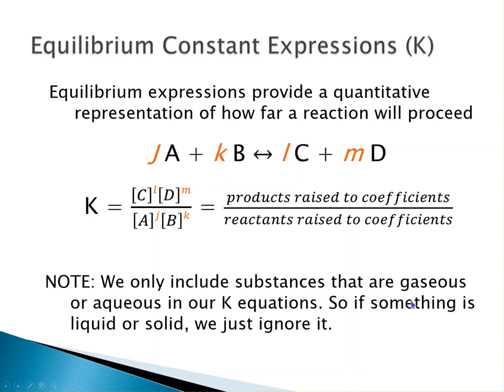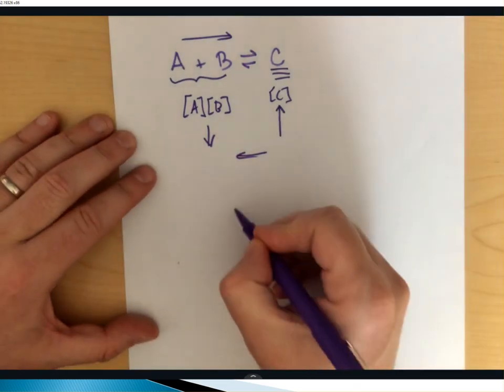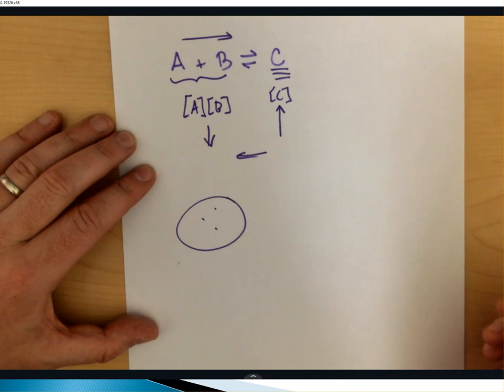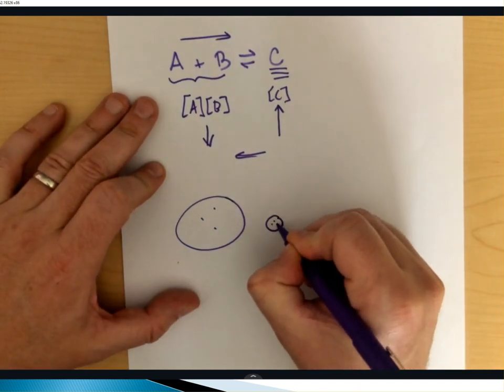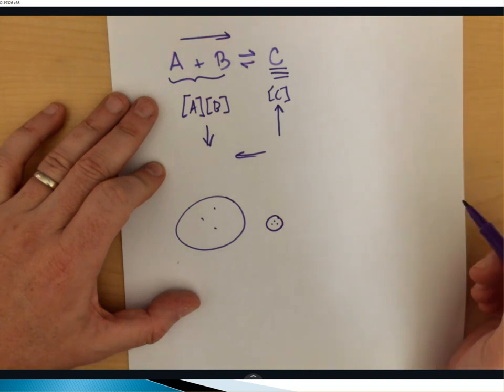Now you might say, well, gases can be pure substances, but remember that concentration is just the amount of particles per unit volume. So let's say I have one balloon that has 3 gas particles in it, and I take that balloon and squeeze it down to a smaller volume.